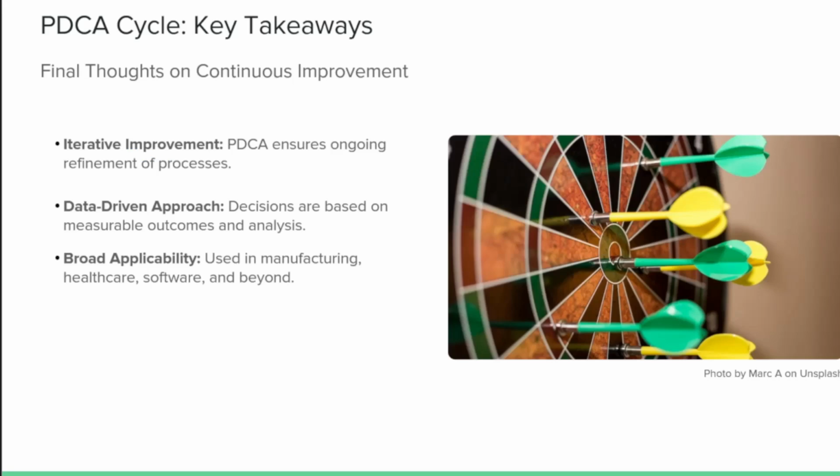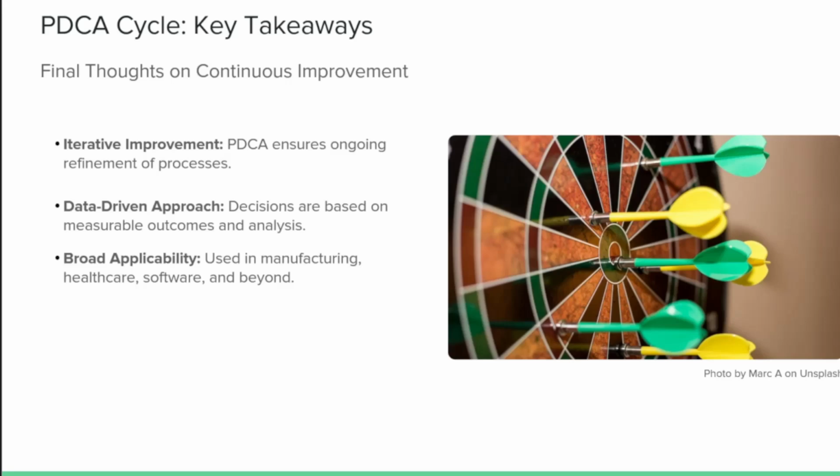Now, from this session or presentation, the PDCA cycle is a proven framework for continuous improvement across various industries. Its iterative nature ensures that processes are constantly refined and optimized for better results. The key strength of PDCA is its data-driven approach, where decisions are informed by measurable performance indicators rather than assumptions.